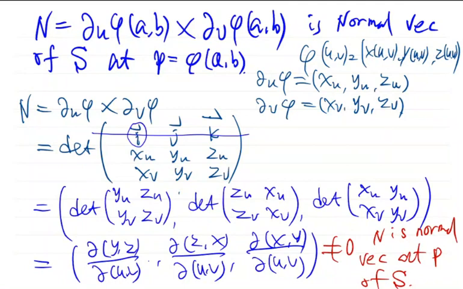A zero vector could not be considered as a normal vector. But once it is not zero, this is the normal vector. Having obtained this normal vector, you can write the equation of the normal line and the tangent plane.